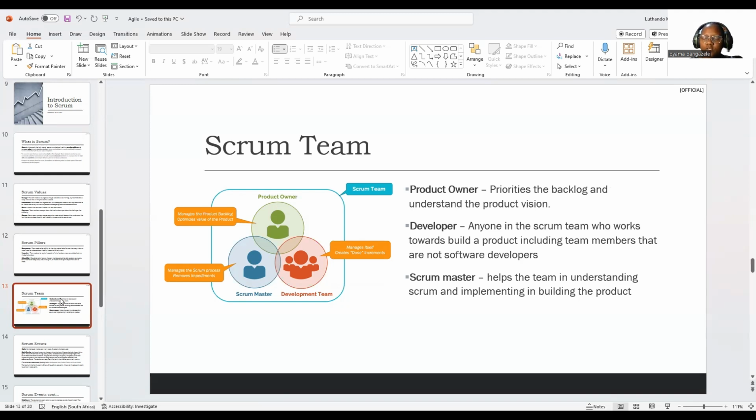It doesn't have to be software developers only. Anybody who is part of building that product increment is called a developer. A Scrum Master is the person helping the team understand Scrum and implement it in the building of the product. Okay.